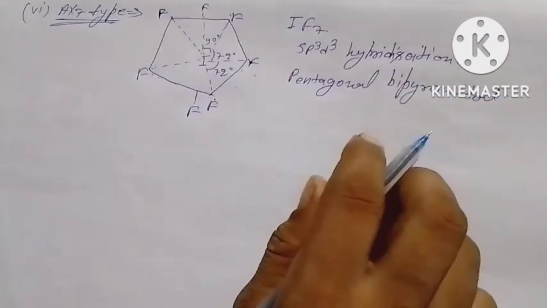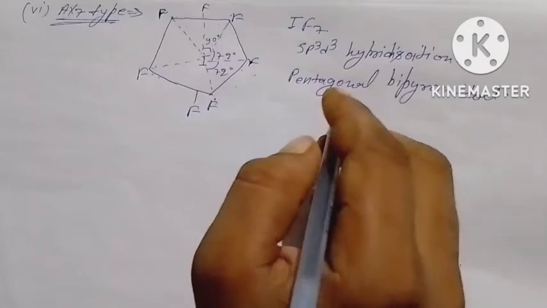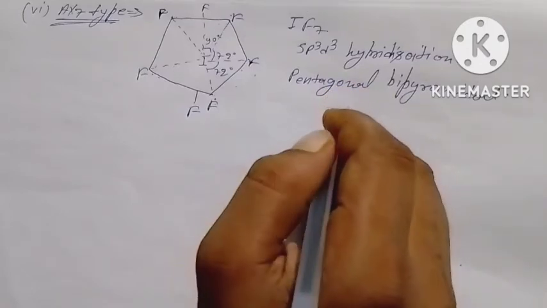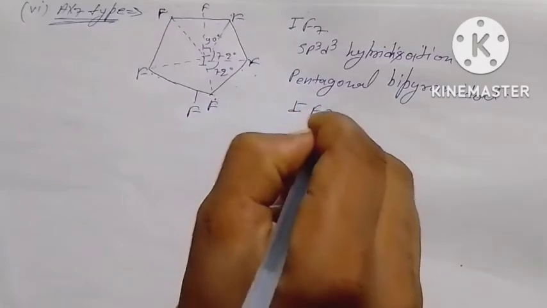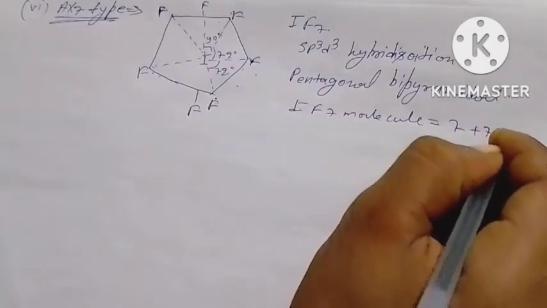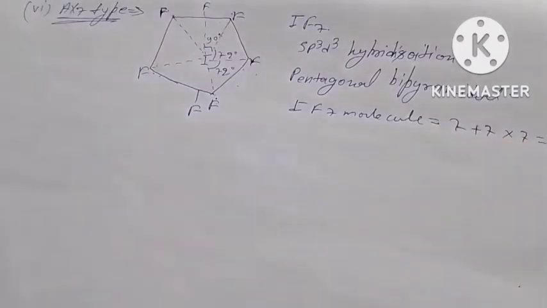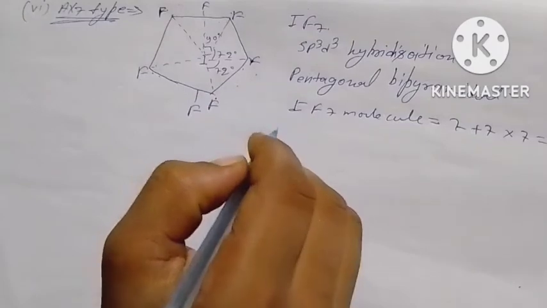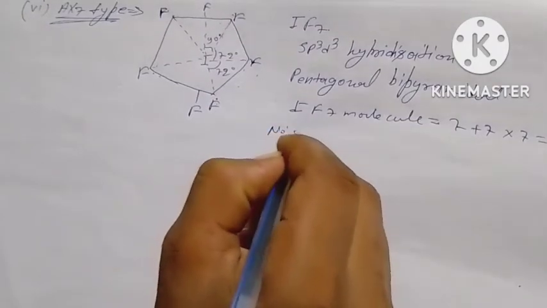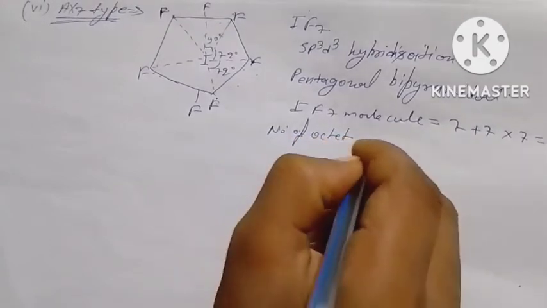Total valence electrons in the IF7 molecule is 7 plus 7 multiplied by 7, equal to 56. The number of octets is 7.